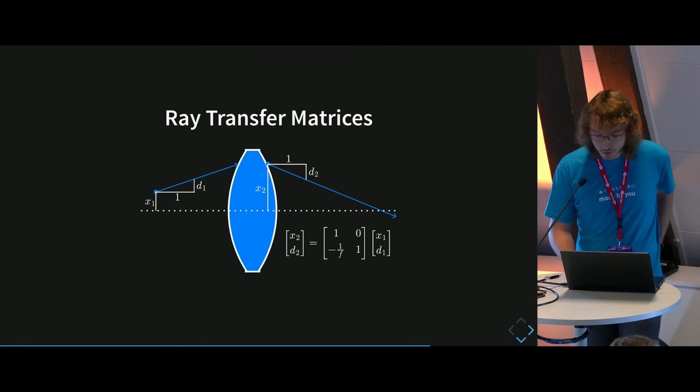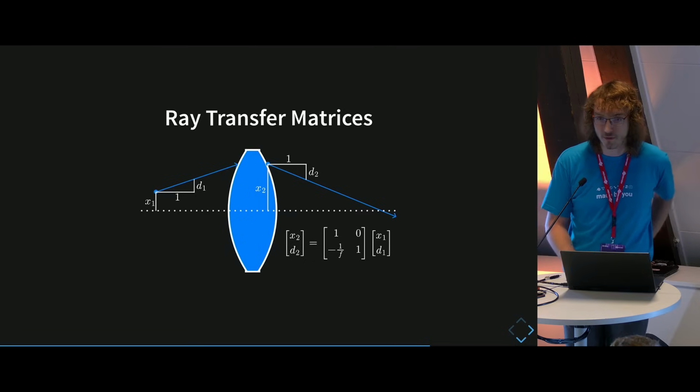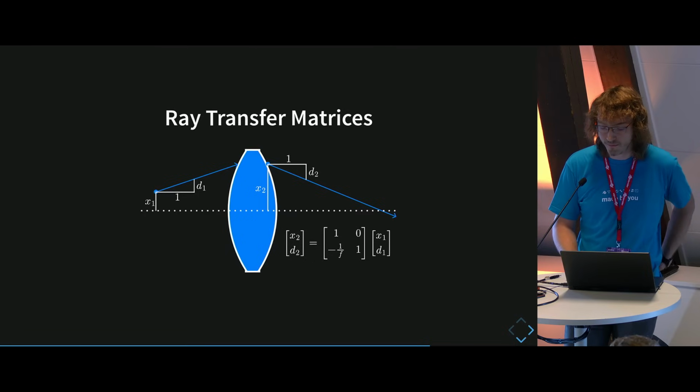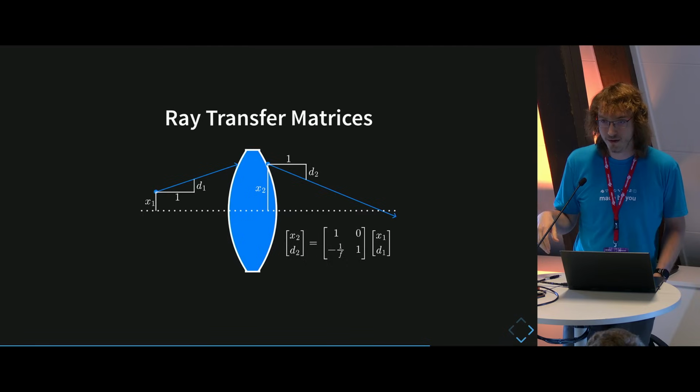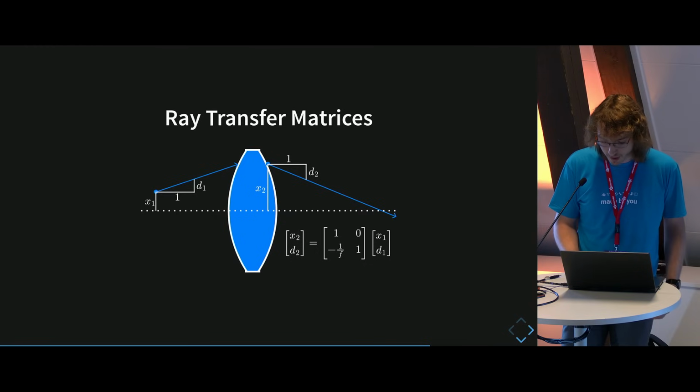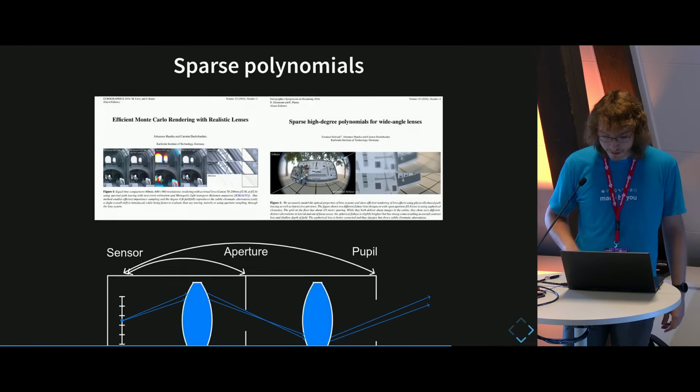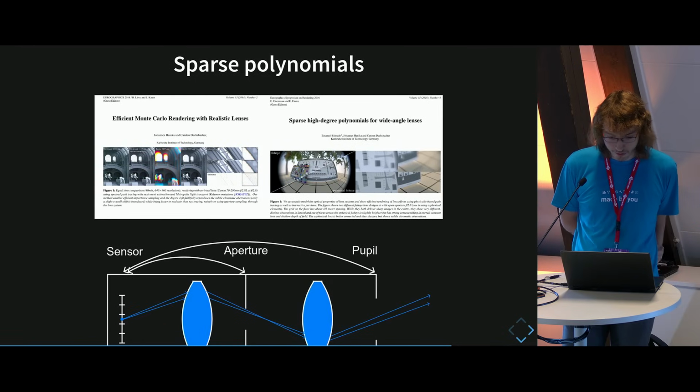In theory, this could work, but the problem is that to represent real lenses, you need very high order coefficients, like something to the 10th power. And because we have 4 input values here, really 5, because you also need to account for wavelength to do dispersion, you get a combinatorial explosion, and you would have millions of parameters in your polynomial. So trying to fit that, good luck. But luckily, there are 2 great papers here to address this concept.